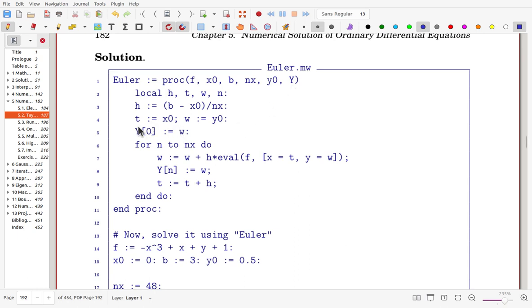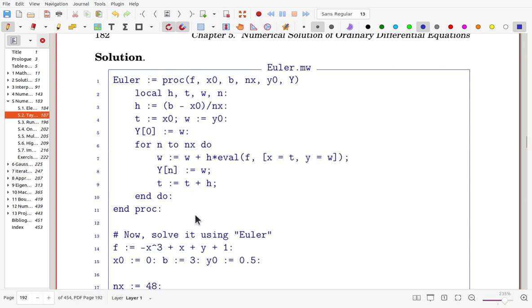Here h is defined, and t and w will be used in this iteration, n from 1 to nx. W, the function value, is updated using w plus h times f of t and w, that is yn plus 1 equals yn plus h times f of xn and yn in the mathematical formula. After that, we save the updated value into the ODE, and for the next iteration, we increase the time by h.